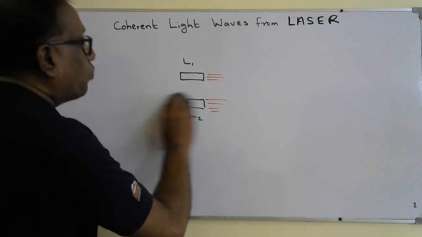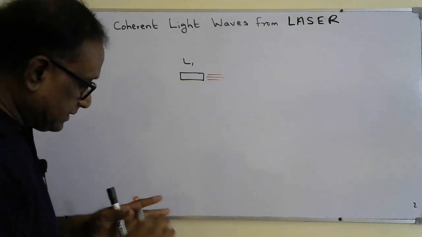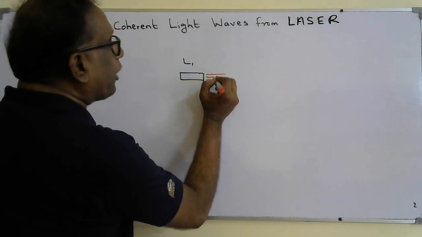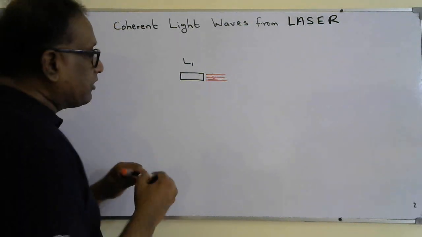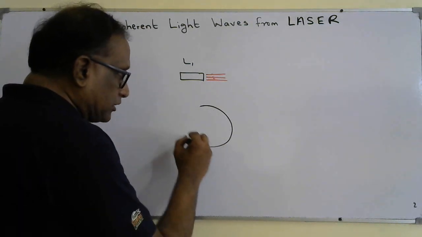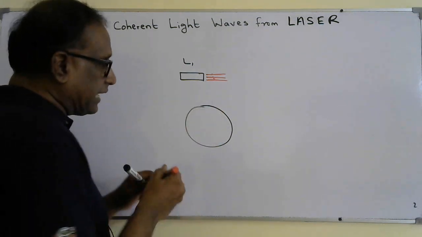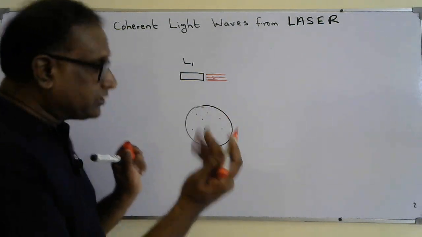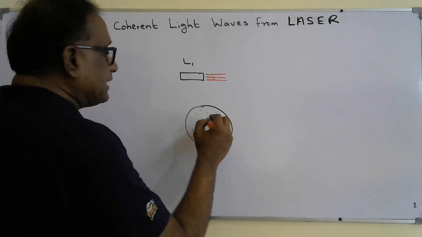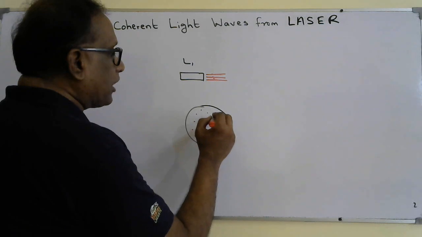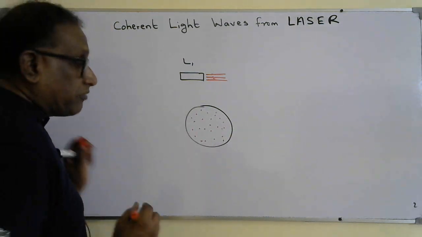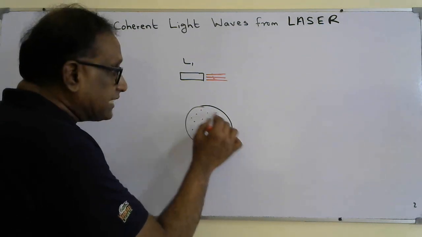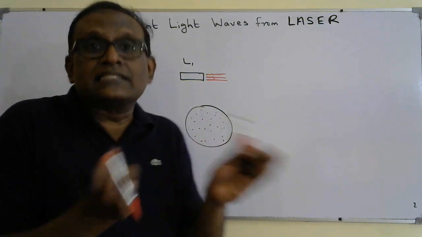But when you consider one laser torch, yes, the phase might change, but the laser is emitted from different points on the front part of the torch. So when we consider laser light coming out of this one laser torch, the phase will change, but for any two points, the phase change will always be the same.